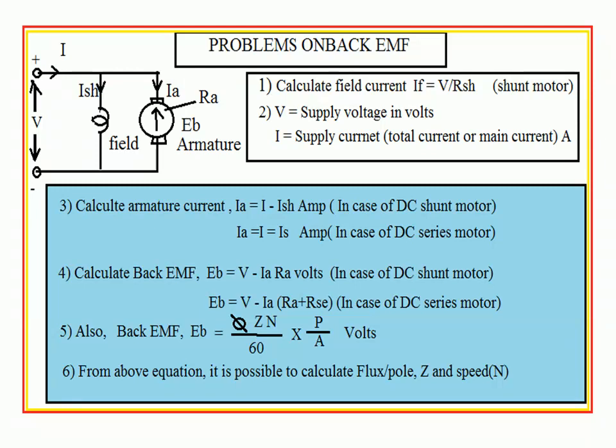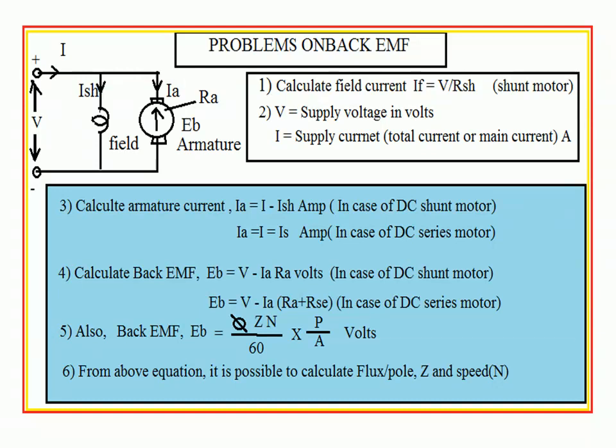Next step, you can go for back EMF. Back EMF EB equals V minus IA RA in case of a DC shunt motor, and EB equals V minus IA (RA plus RSC) in case of a DC series motor.